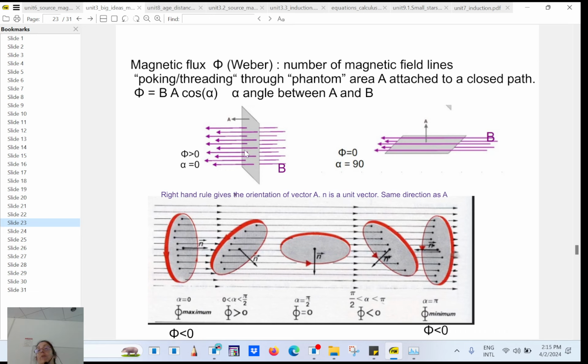The number of field lines depends on how strong B is, because if B is very strong, you're going to have more field lines. It depends on the area, and of course also on the orientation. This is called the AC generator.